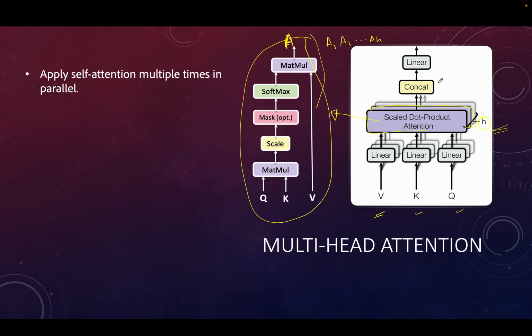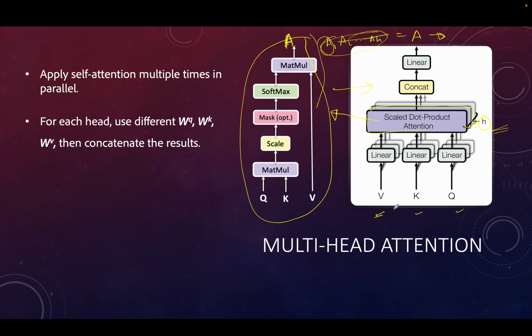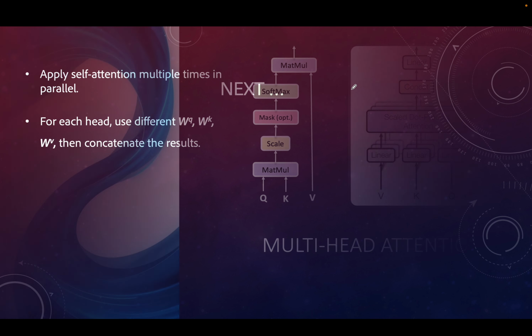This concatenate operation will concatenate all of those into a single A, and then apply further operations on this. If you replace it by single self attention, it will be just A1, the same as A, and there will be no A2, A3. So this is how multi-headed attention works. For each head we use different WQ, WK and WV, and then concatenate the results in the end.